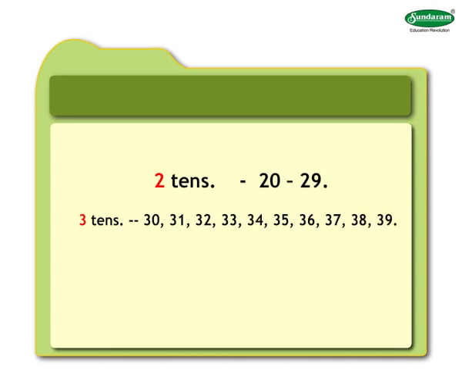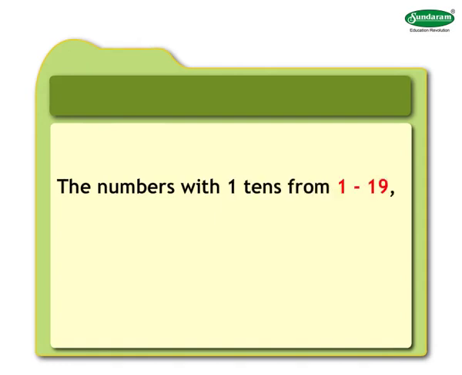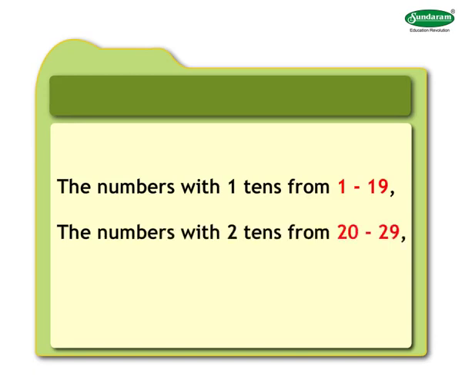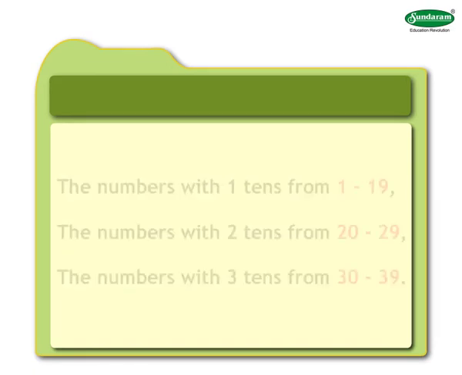Did you all understand how we got the number 10 after 9, 20 after 19, and 30 after 29? In the same way, we have written the numbers with 1 ten from 10 to 19, the numbers with 2 tens from 20 to 29, and the numbers with 3 tens from 30 to 39.